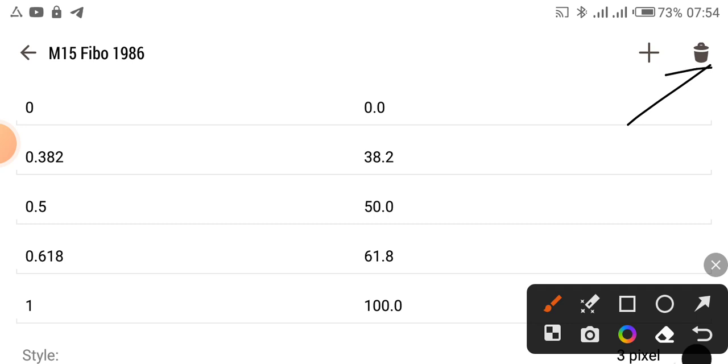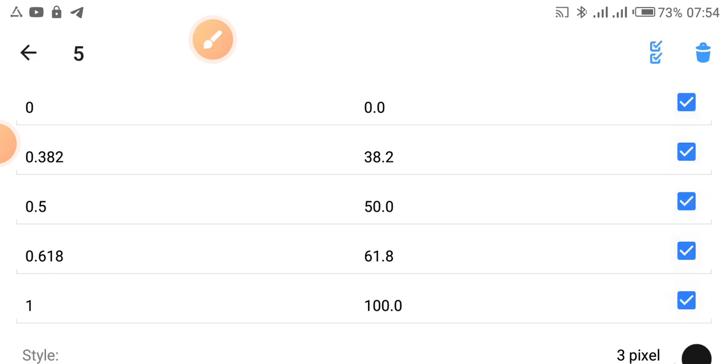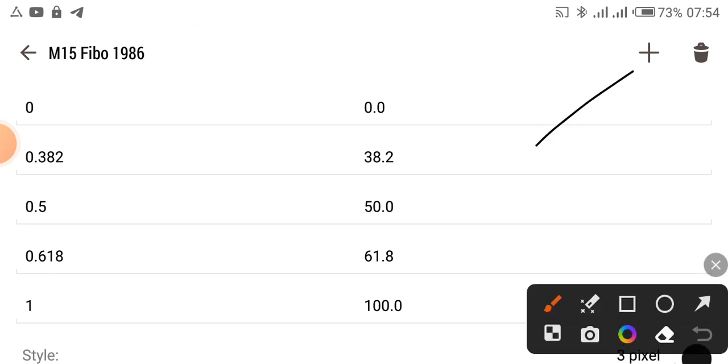Once you tap on this bin object, it gives me the option to delete any level I want. I will not delete any level. And if you also want to add another level, you need to click on the plus sign here.